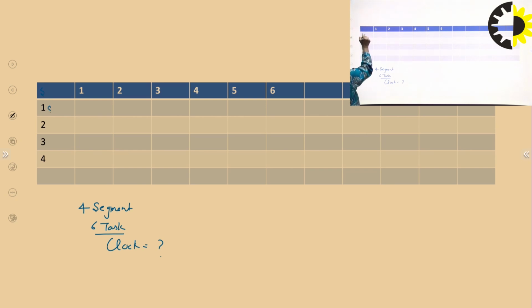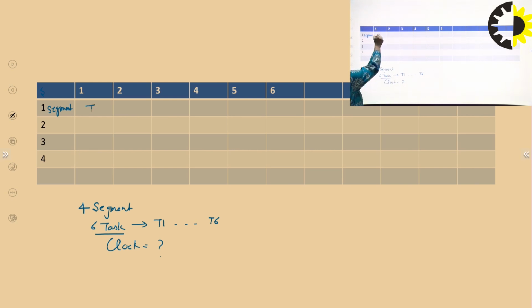So you can see here, simple, 4 segments are there. These are the segments: first segment, second segment, third segment, and this. And the tasks can be written as T1 to T6. So for the complete execution of the first segment, we have to execute all 6 tasks.